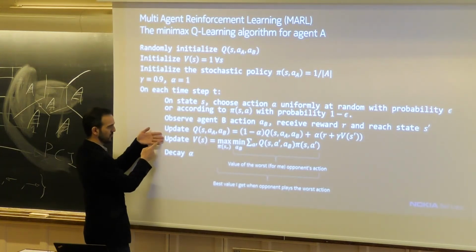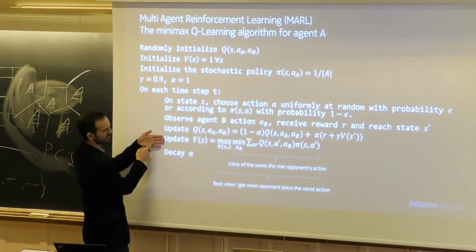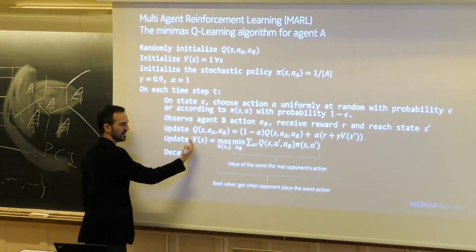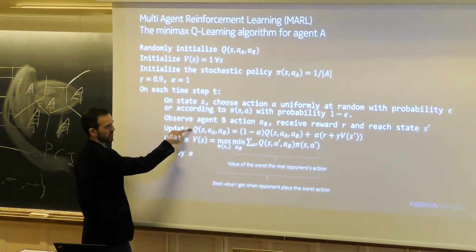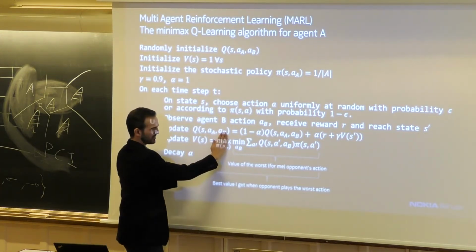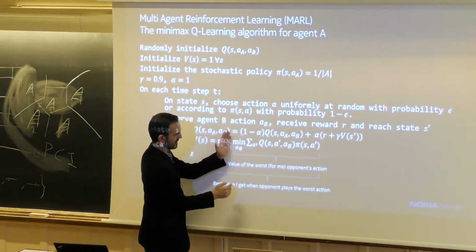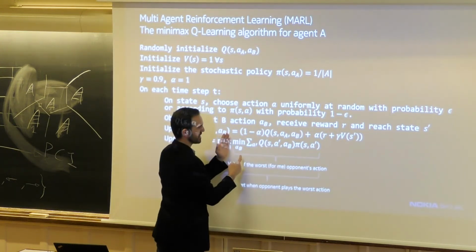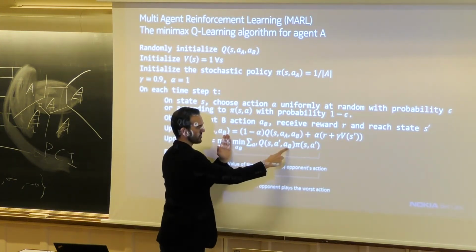And this is where the minimax insight comes in. What we do is, how do we update the value of the state? By the way, the value is just used to update the Q later on. So if you ignore this max here and you just look at the min, this is basically the lowest action value we can have depending on the actions of the opponent.